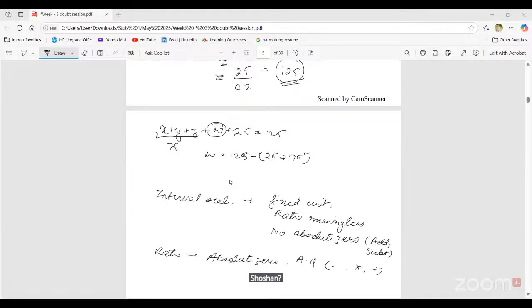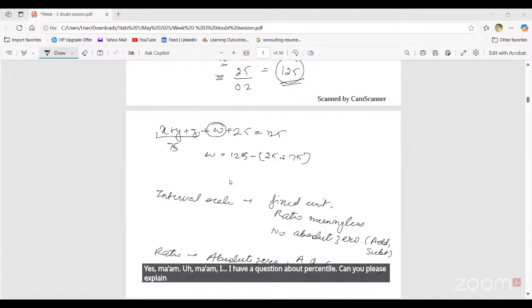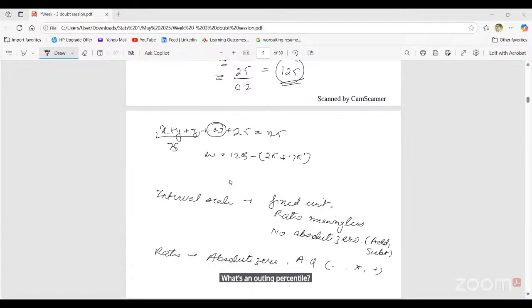Yes, ma'am. I have a question about percentile. Can you please explain percentile with an example? What's your doubt in percentile? I just don't understand the concept.